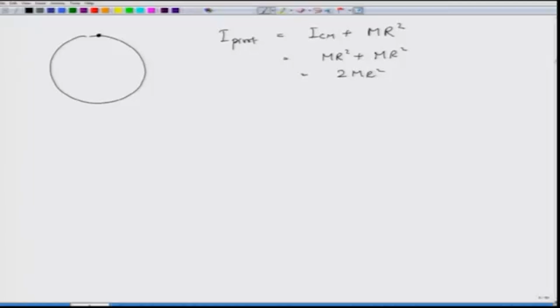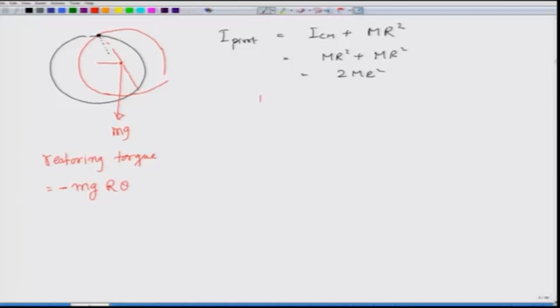What about omega? That is the angular frequency of oscillations. If I displace this hoop by an angle theta, the center of mass comes here, there is a force mg, and the restoring torque is going to be mg r theta with a minus sign, so that it shows that it is restoring.